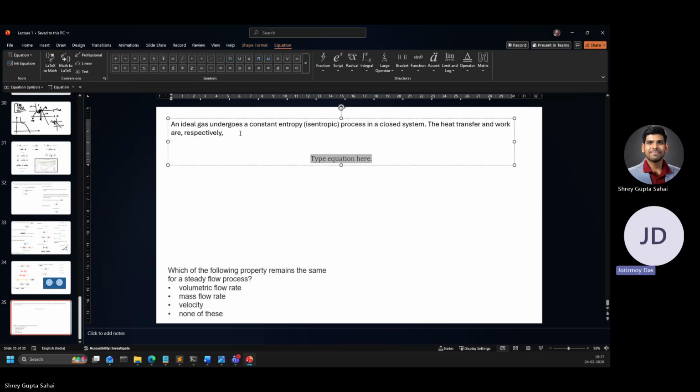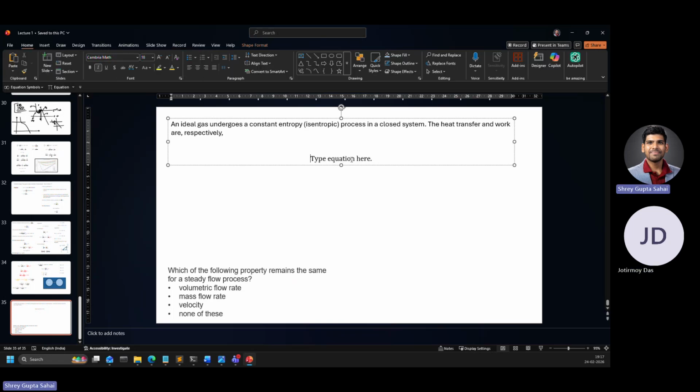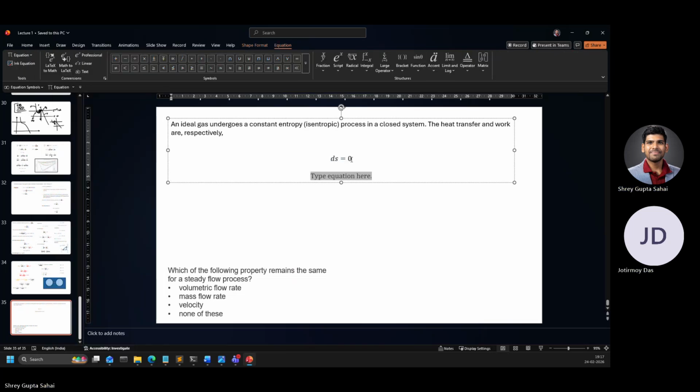No, I haven't covered it yet. Okay. Anyways, in an isentropic process, dS is zero, and it's a closed system, so there is no mass exchange. So the m is a constant.